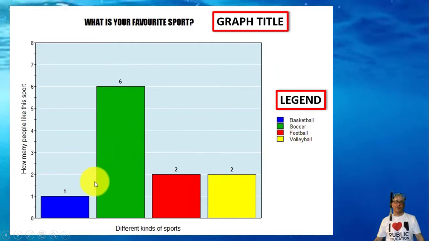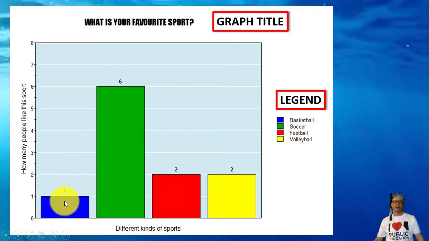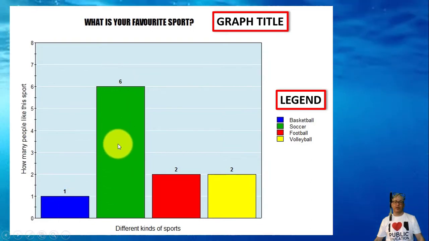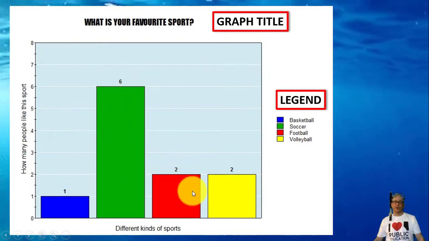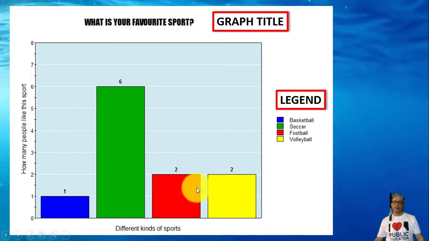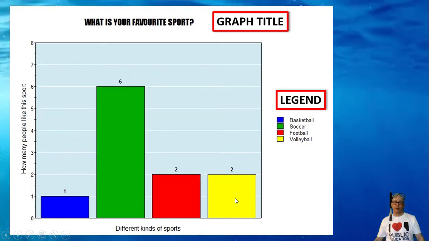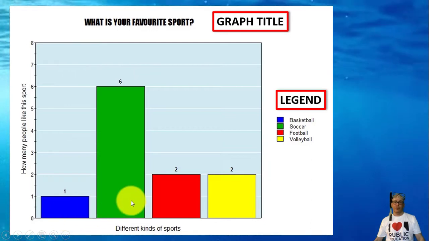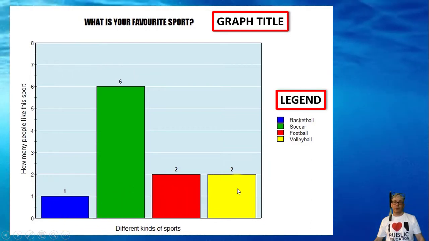You can see that one person liked basketball, but 6 people liked soccer. 2 people liked football and 2 people liked volleyball. Down here, these are the different kinds of sports: basketball, soccer, football, volleyball.